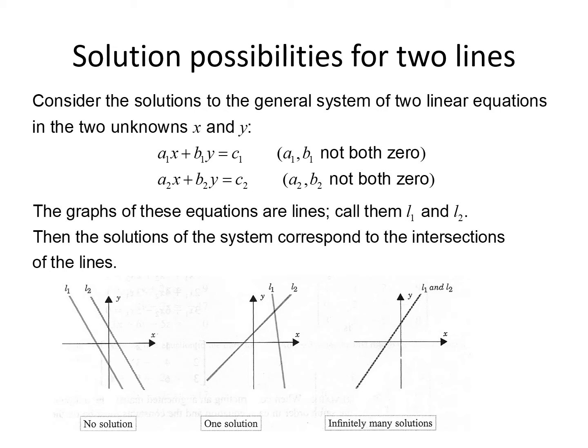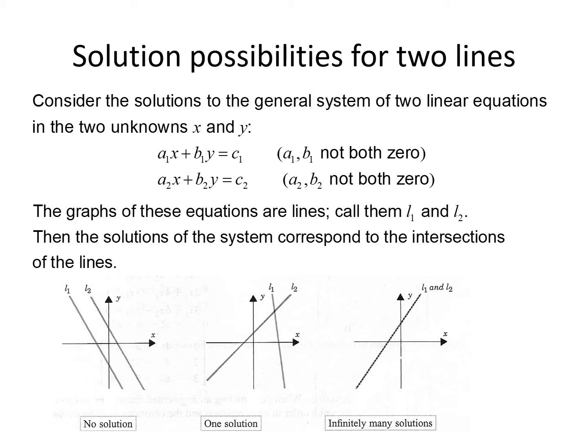There are three types of possibilities for the solution. For example, if you have two linear equations, a1x plus b1y equals c1 is the first line equation, and a2x plus b2y equals c2 is the second line equation. If both lines are parallel to each other, it means the system does not have any solution.